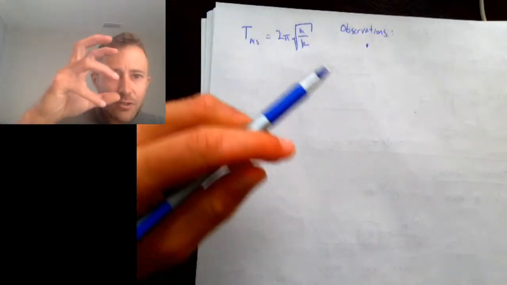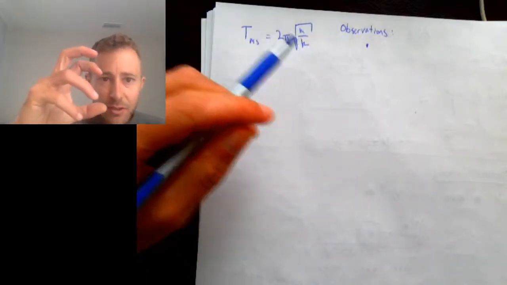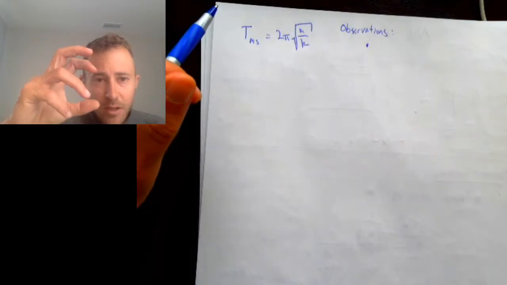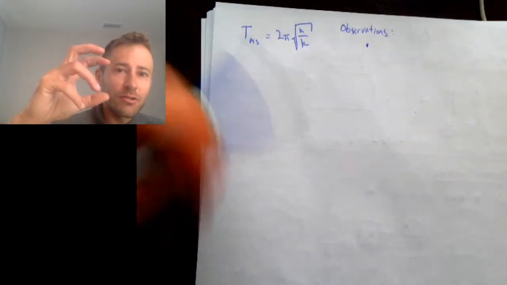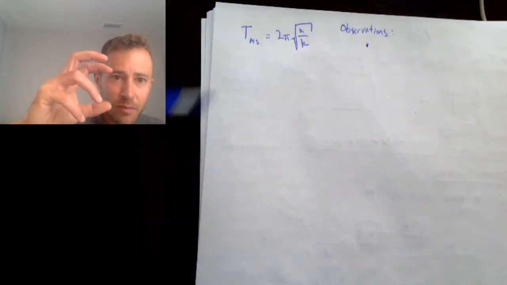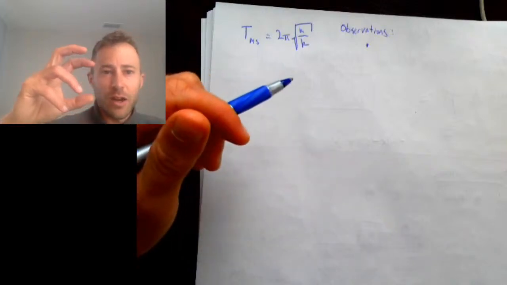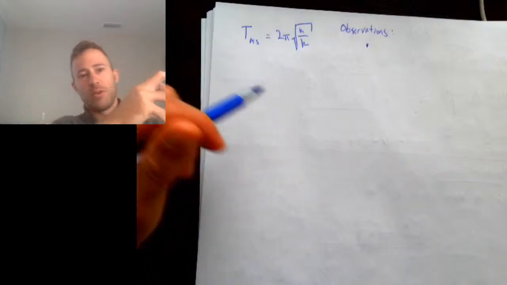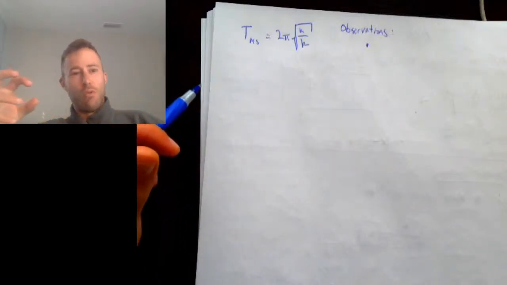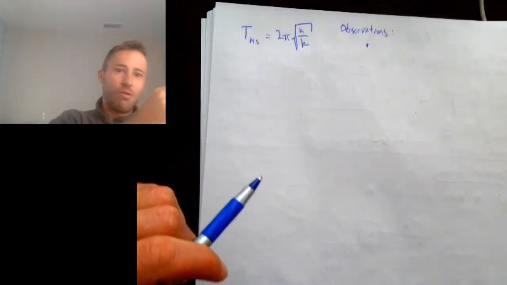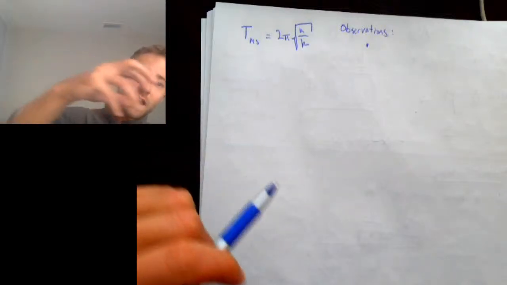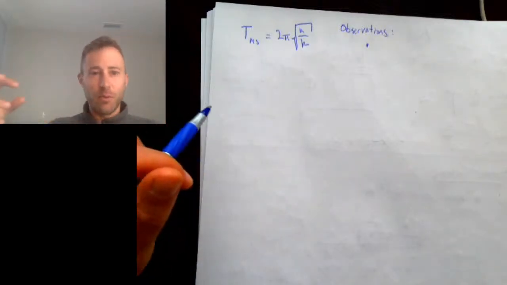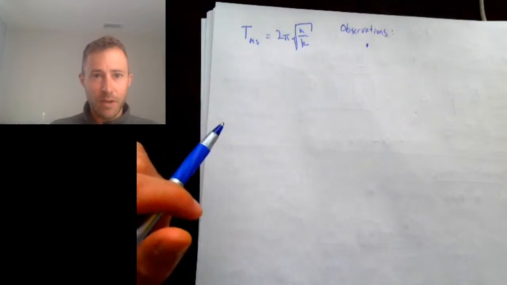What if you had an extremely heavy mass that is attached to this spring? You can imagine if you had an extremely heavy mass and the spring is trying to move it around, it's going to go really slowly. It's going to take a long time to go back and forth if it's heavy, okay?